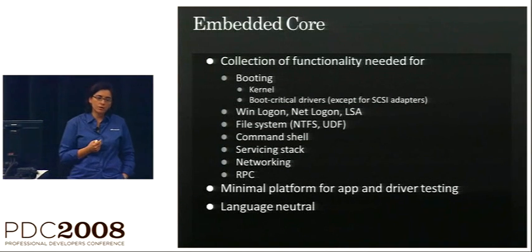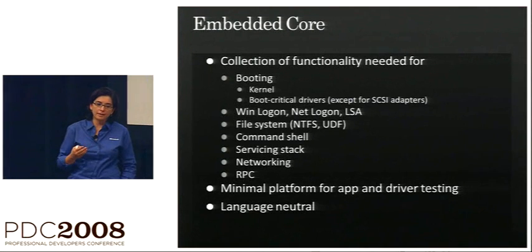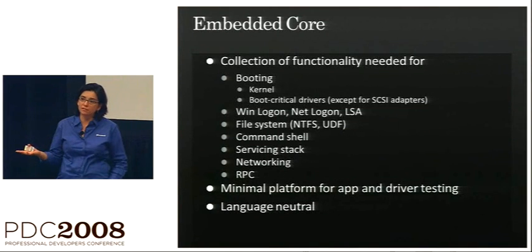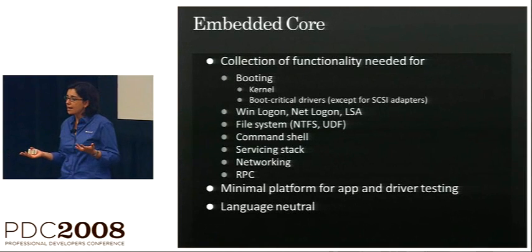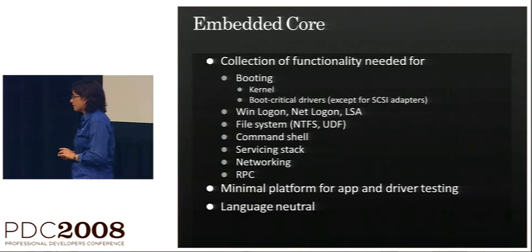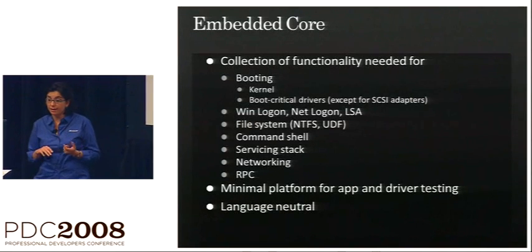Now, another advantage of eCore is that it's language neutral. So in previous versions of Windows Embedded, there was heavy dependency on English. So if you were building a German device, you always had to have your English resources. You always had to pay the footprint price for English. And sometimes you had fallback languages and so on that made the price even heavier.